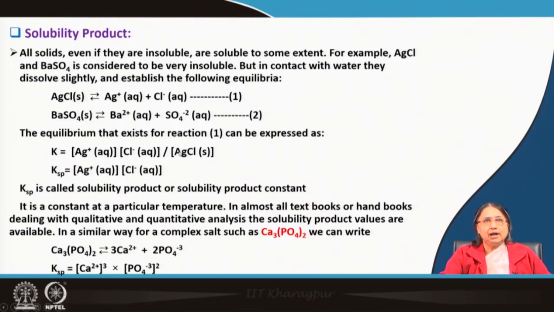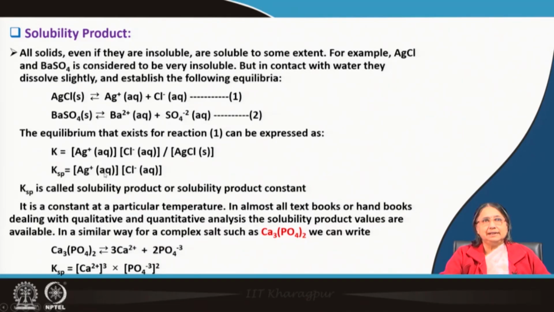I have shown you the rules to be followed in chemical equilibrium. This is a constant because this is solid. So, if this is a constant, then K we call it Ksp.